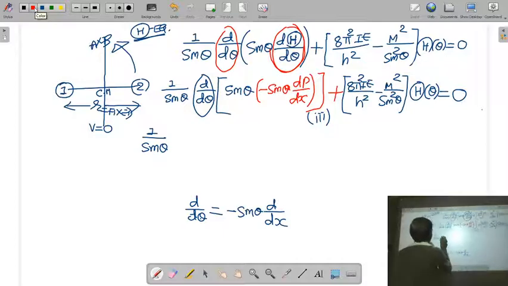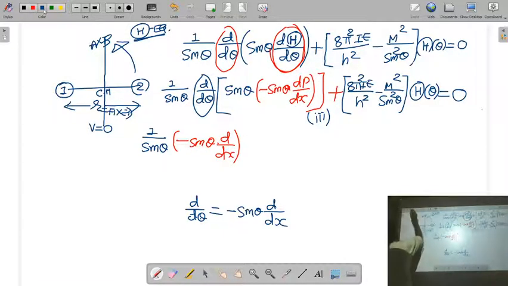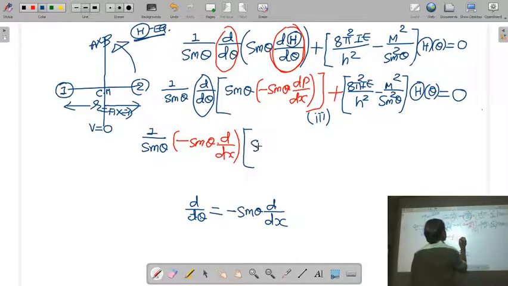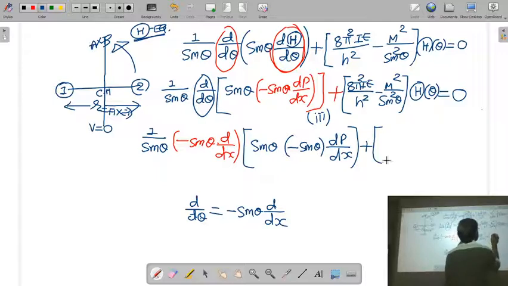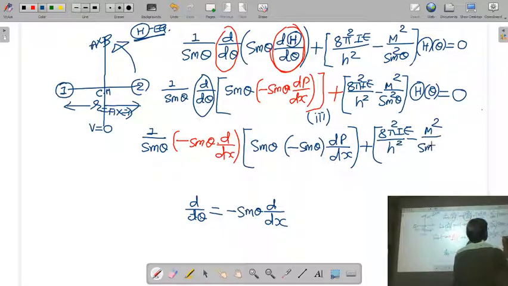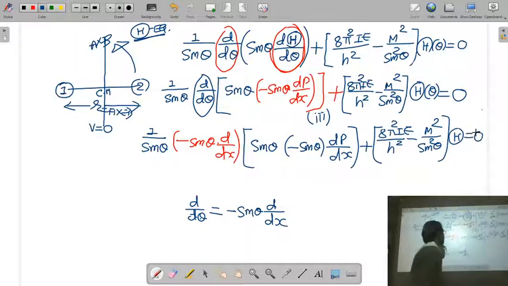It is minus sin theta d by dx, into bracket sin theta minus sin theta dP by dx, plus 8 pi square I E upon h square minus m square upon sin square theta, capital theta is equal to 0.